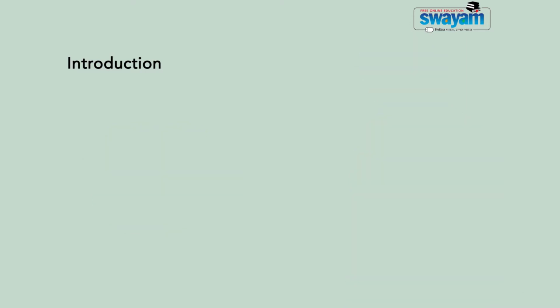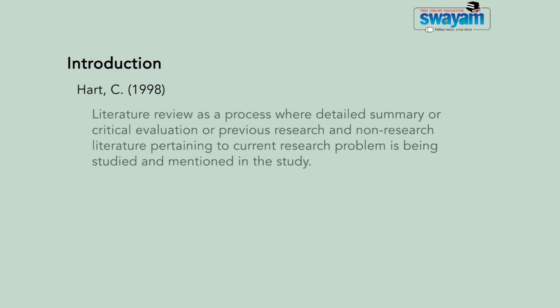According to Hart, literature review is a process where a detailed summary or critical evaluation of previous research and non-research literature pertaining to the current research problem is studied and mentioned in the study.